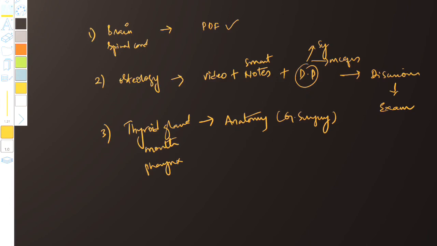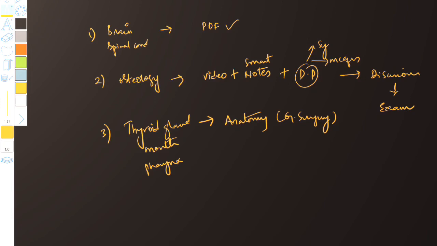You can directly go to the general surgery synopsis where the anatomy of the thyroid gland is covered in 1 to 2 pages. No need to go into the diseases aspect of the thyroid, but go back to your general surgery synopsis of Dental Pulse and try to cover the basic anatomy of the thyroid gland, which is given in 1.5 pages.